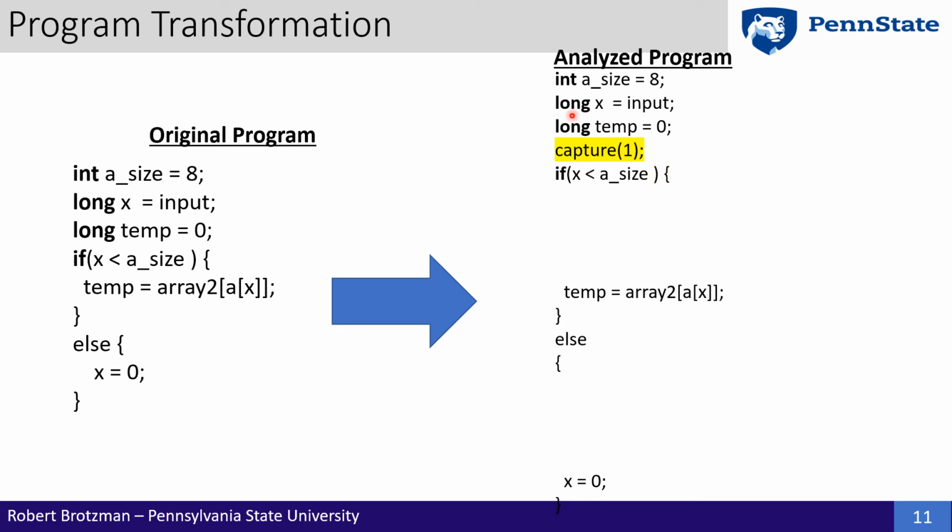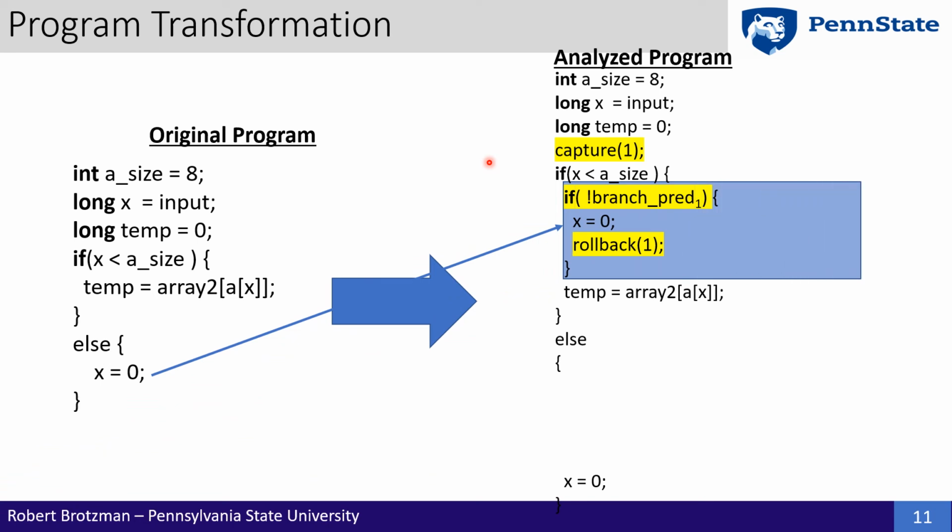Recall that capture will save the current architectural state, but not the microarchitectural state. To begin, we will copy the else branch here, and this simulates a misprediction. That's because when the branch prediction oracle guesses false here, this condition will be true. So the predictor guesses that we will enter this else branch here.